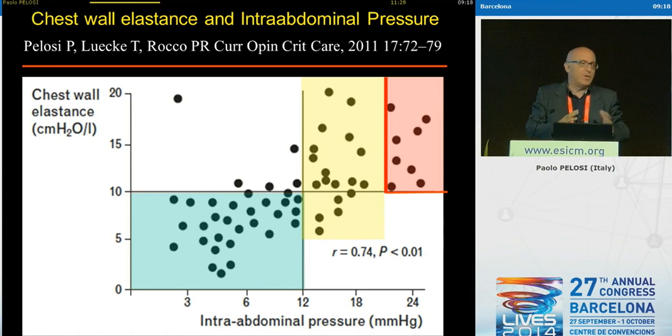Below 12 millimeters of mercury, not centimeters of water, so it's 16 centimeters of water of intra-abdominal pressure, more or less most of the patients have normal chest wall, with some few exceptions.